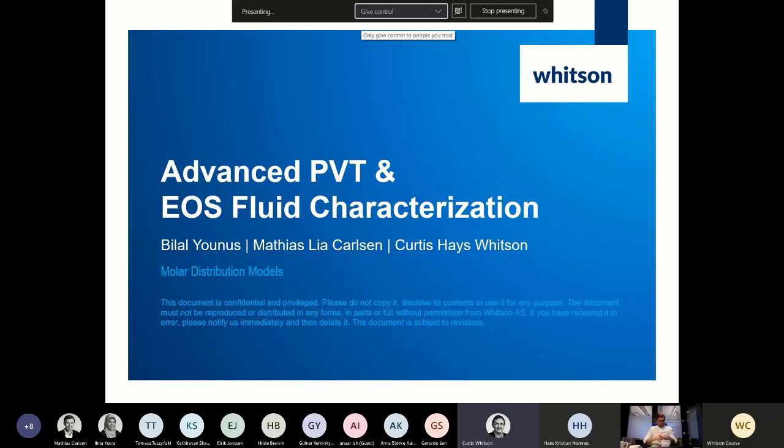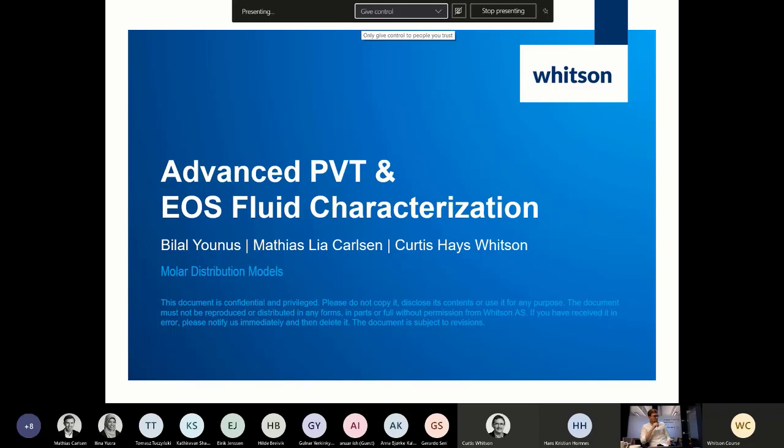So it's very good. I will just add some comments here on what Curtis said. Developing this molecular weight specific gravity correlation for developing the EOS model is very important, and we are going to see that tomorrow when we will be developing our equation of state model for this fluid system.